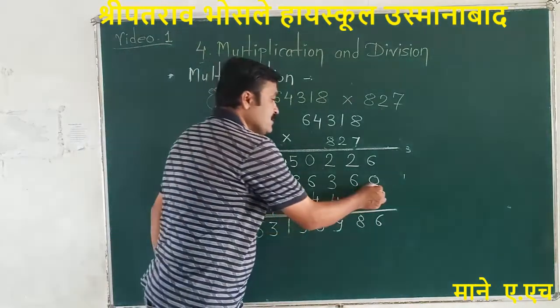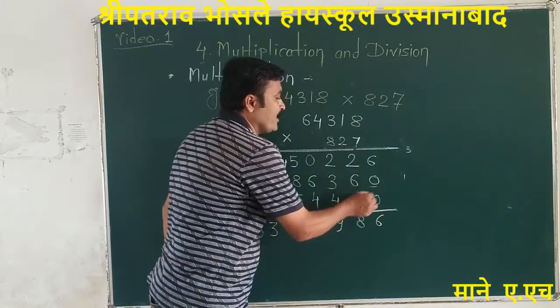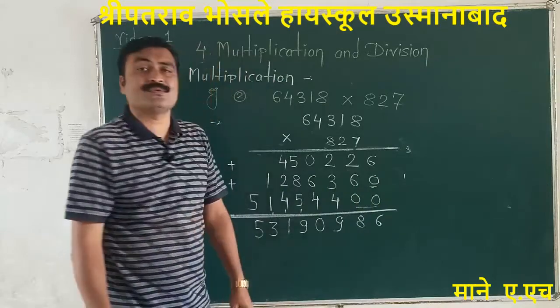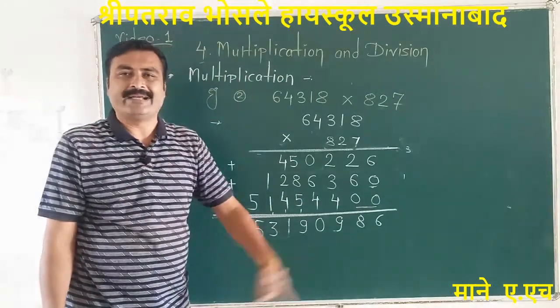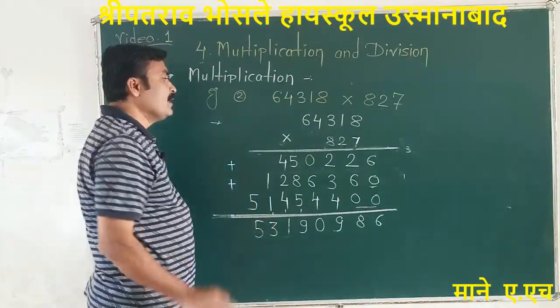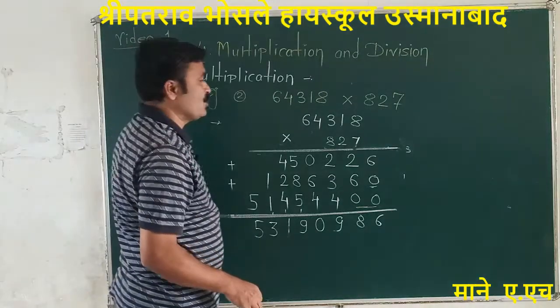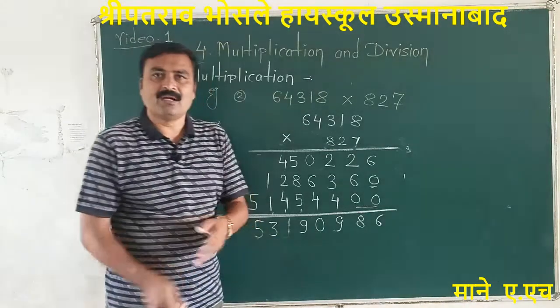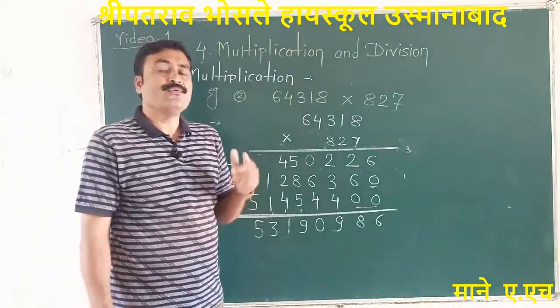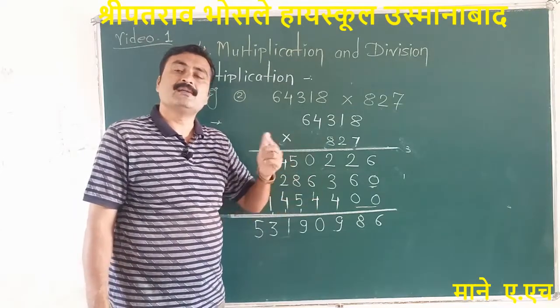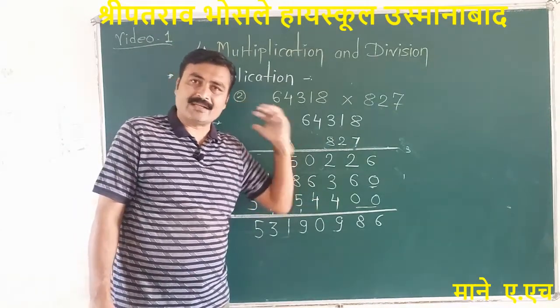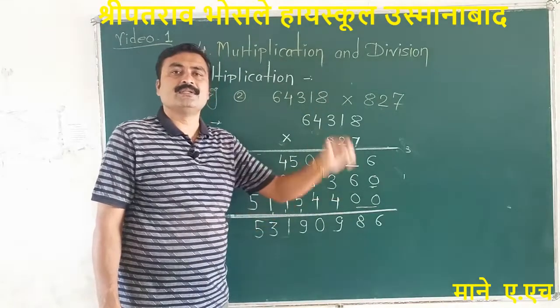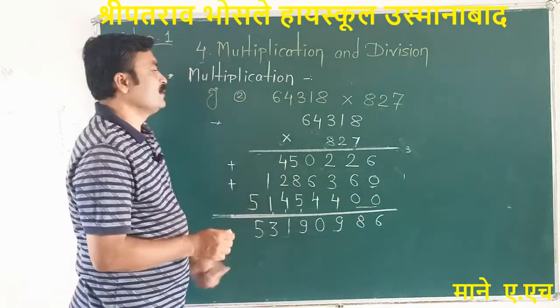Now, there is a reason why we take 1 zero, 2 zeros before starting the multiplication. It is an important, basic reason. In the actual multiplication process, we have to multiply by the place value of that digit in the number above.